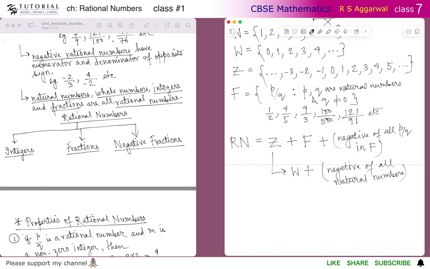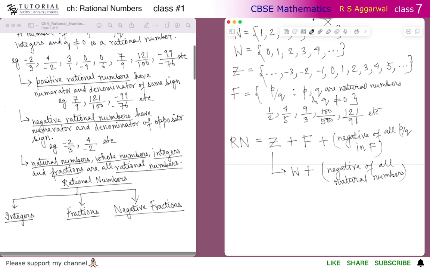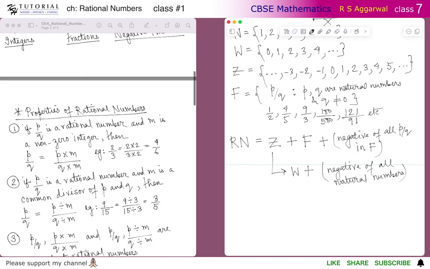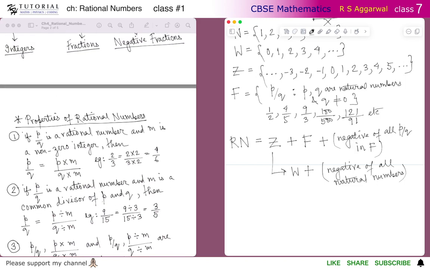So from this discussion, we can say that every integer is a rational number. Every fraction is a rational number. I have not mentioned this in the notes on the left hand side, so I will just write it here.